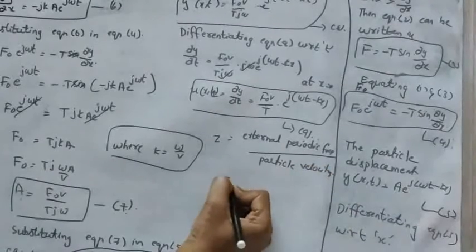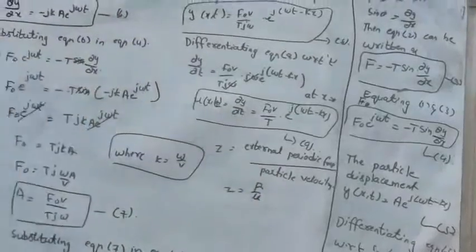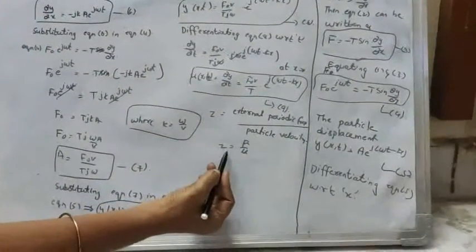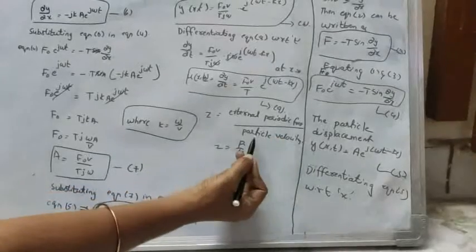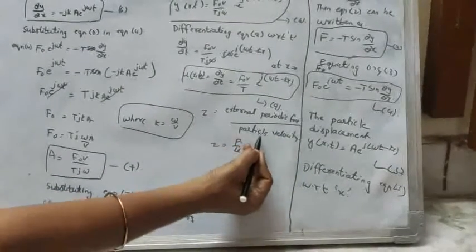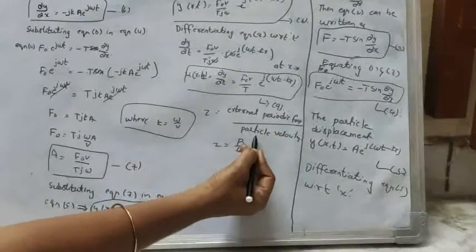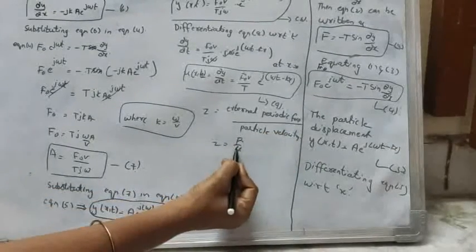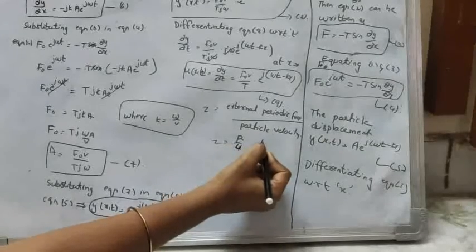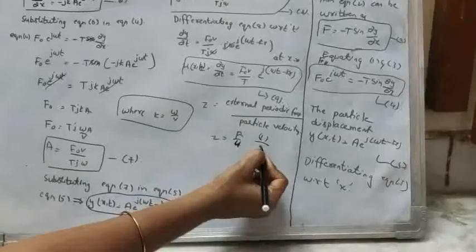That is Z is equal to F by U. Characteristic impedance is defined as external periodic force by particle velocity. The external periodic force is represented with F, and particle velocity is denoted by U. So this F value we can know from equation 1, and this U value you can know from equation 9.